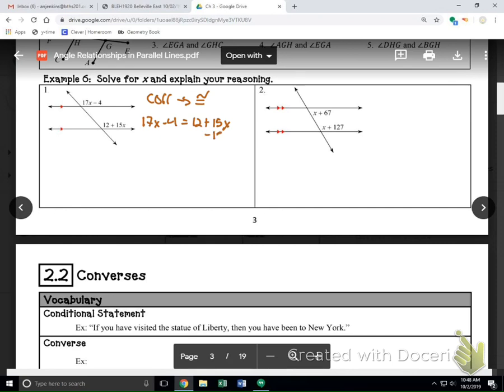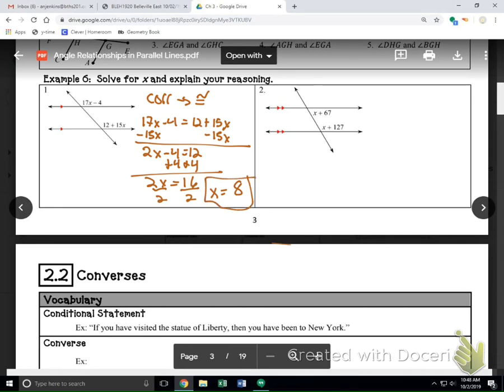We're going to subtract 15x from both sides. So we end up with 2x minus 4 equals 12. We got to get the things without x's together. How do I do that? We're going to add 4. If we add 4 to both sides, we end up with 2x equals 16. What do we do for our last step here? Divide both sides by 2, and then x equals 8.